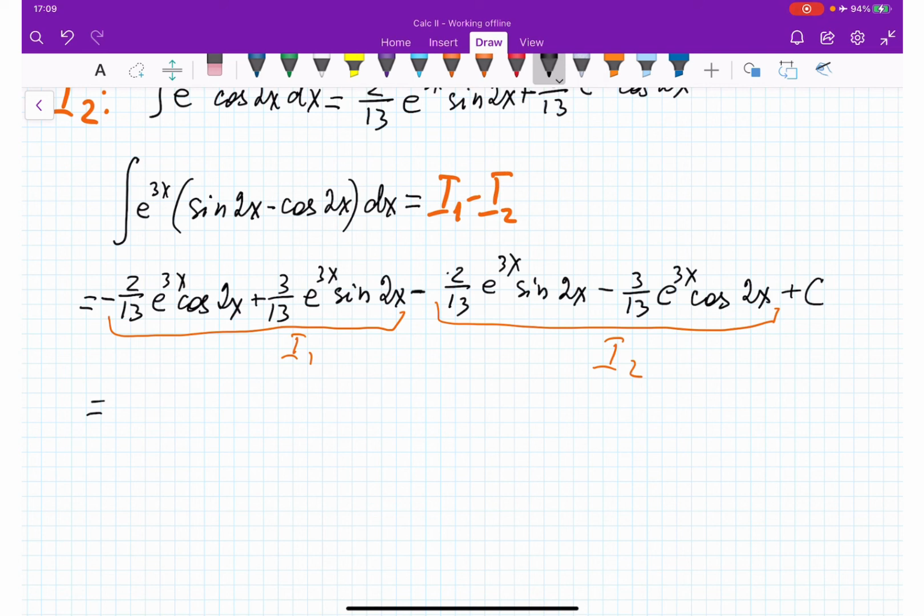Every single term has it. So it is going to be 1/13 e to the power 3x, and in parentheses I will have sine 2x minus 5 cosine 2x, plus C. And that's all.